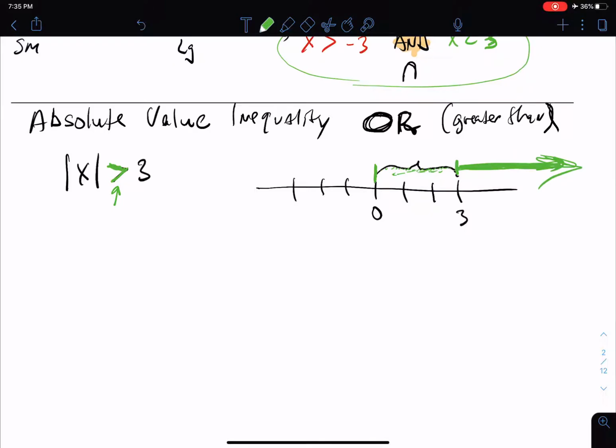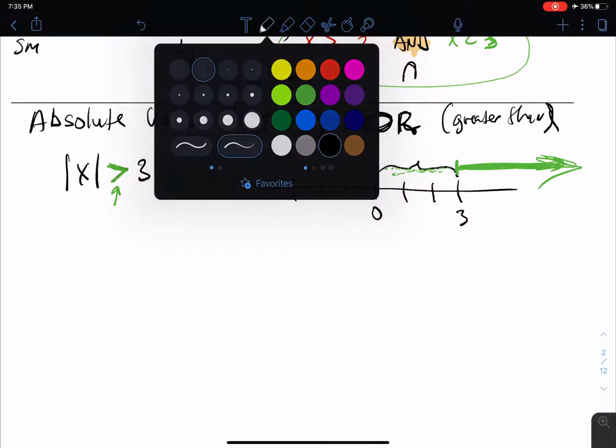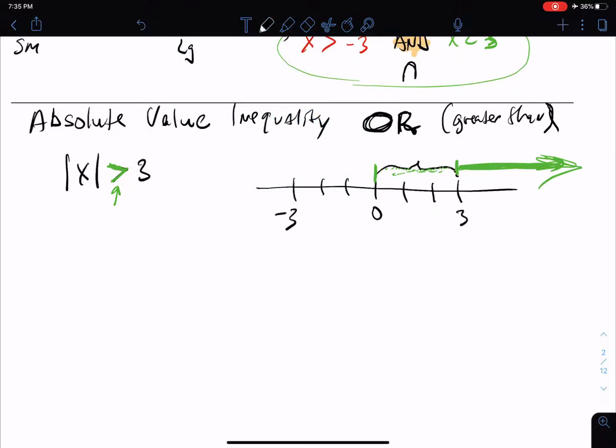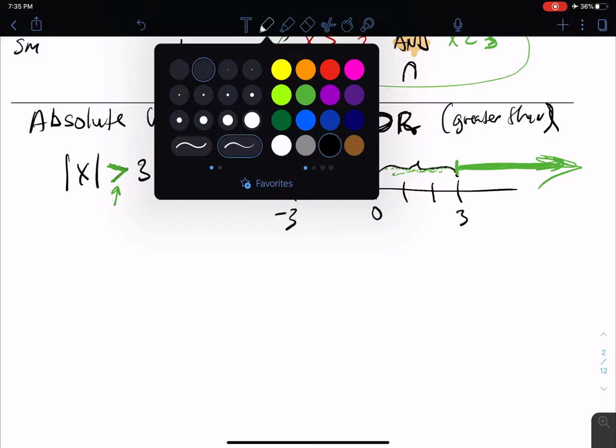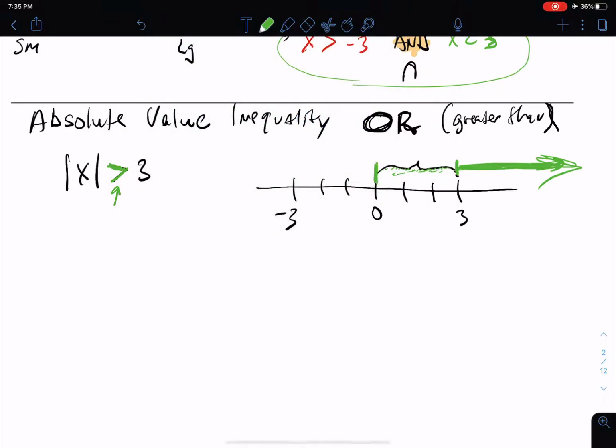And also, we got to remember that because absolute value doesn't care that this is a -3, it only cares about the distance. Well, then when we're going this way, we go 0 to 3. The absolute value of -3 has a distance from 0 to 3. So this is a distance of 3.